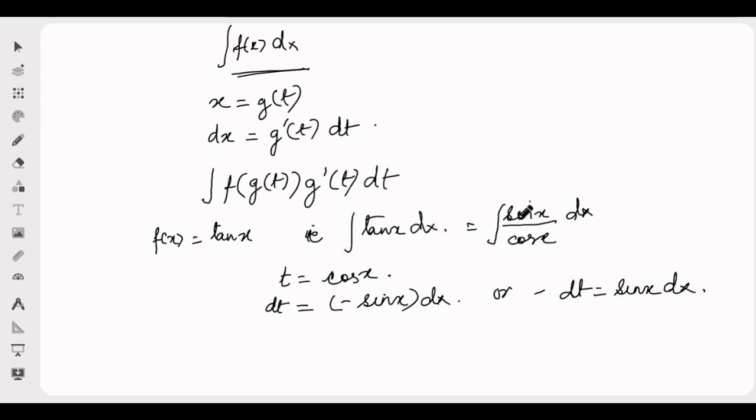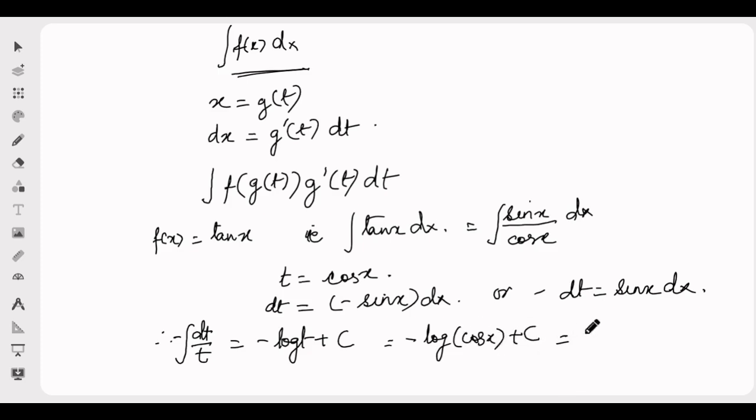So this function sin x upon cos x dx, after substitution, will be written like this. In place of sin x dx, you will write minus dt upon t. This is equal to minus log of t plus constant of integration. Now our t is equal to cos x, so this is minus log of cos x plus c.